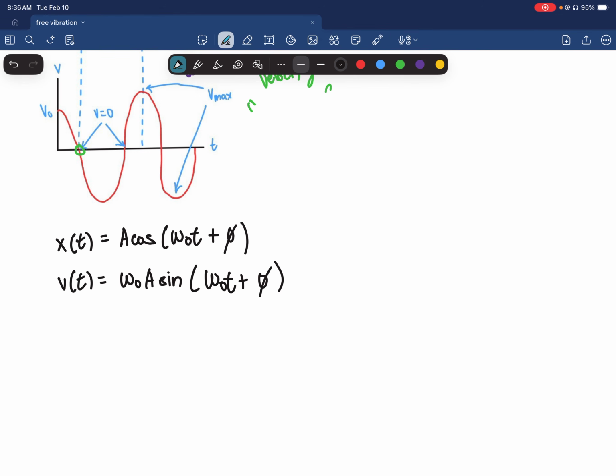So, this will be negative 1. And then we have acceleration. This will be negative as well.